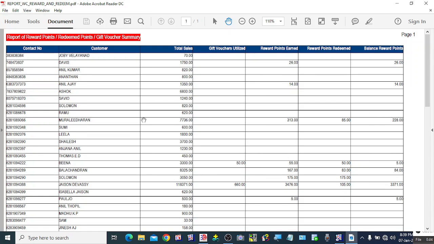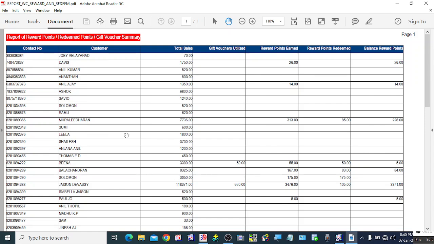So in this way, we can very efficiently manage sales promotional activities every day or on a weekly basis. So this feature is very advisable to monitor and verify, if possible, every week.